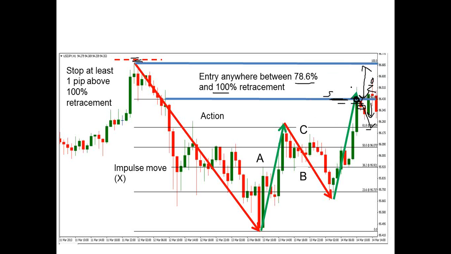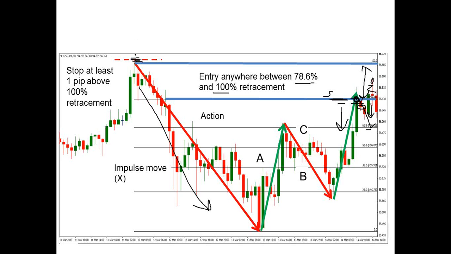But the thing about this is, if we're looking for this to head down after we sell it, people are always going to ask, well, for sellers at this price, where do we place our stop? Well, we place our stop where we're wrong. So our stop is going to be at least, I always put a minimum, at least 1 pip outside the 100% retracement level, the start of the actual impulse move itself.